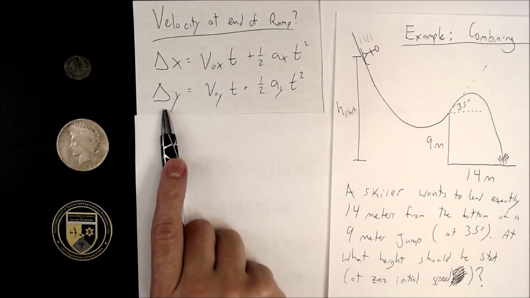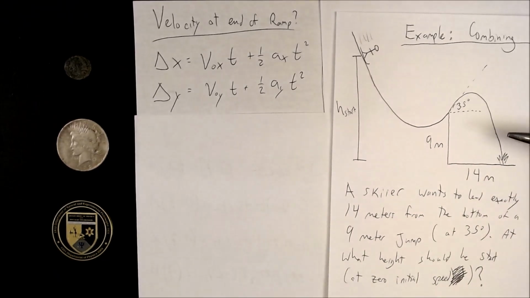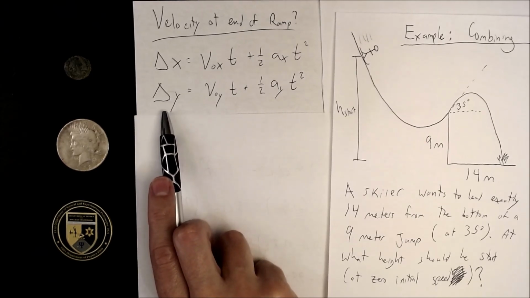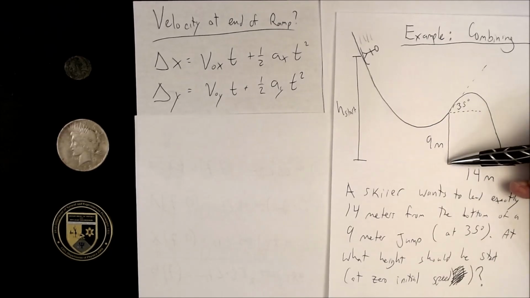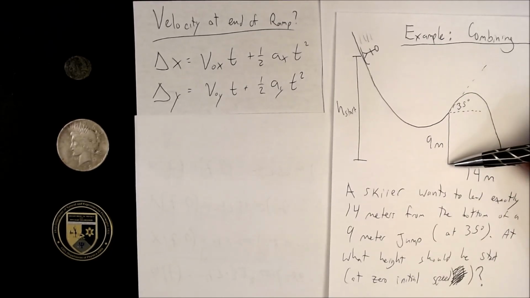Delta y, what is delta y going to be? Be careful. I bet a lot of you just got something wrong. Delta y is not 9 meters, it's negative 9 meters. He needs to go down 9 meters, not up 9 meters.